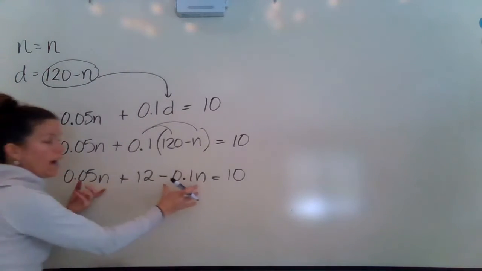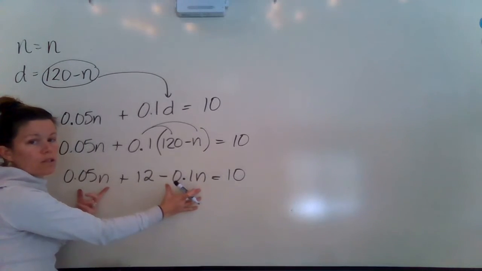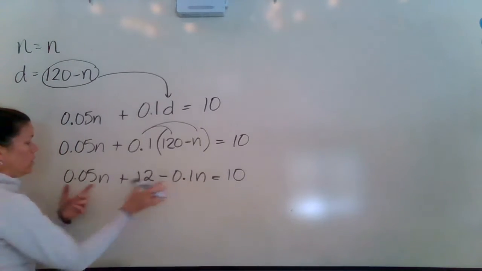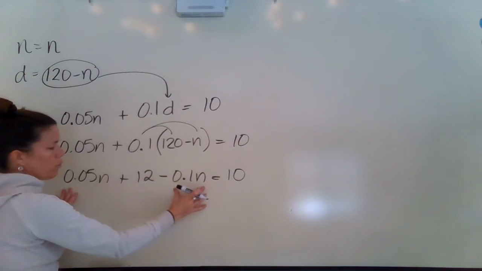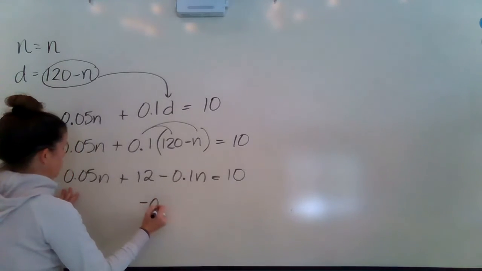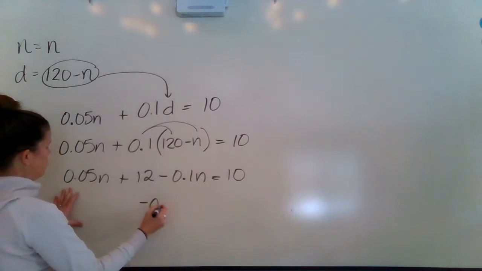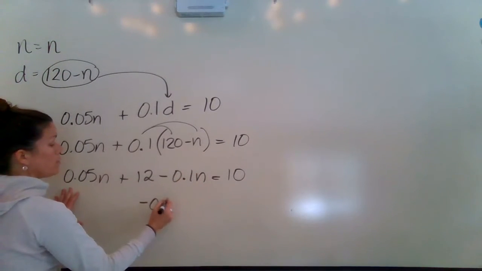All right, I see that it's time to do some combining like terms. I need to put these two n's together. 0.05 minus 0.1 is negative 0.05.